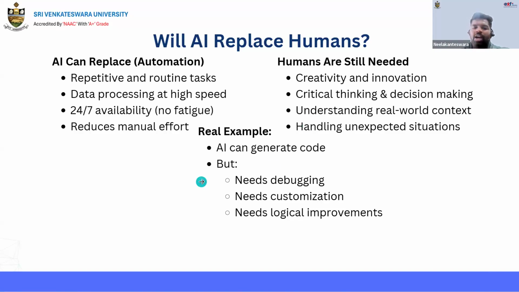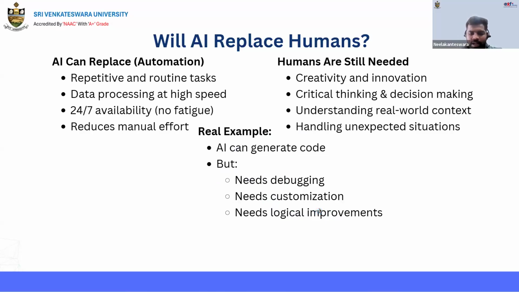Give me 2 minutes. If you take a real example, AI can generate the code, but it needs debugging, it needs customization, it needs logical improvements. That's what we saw in the previous example, when we were giving the task to ChatGPT. That means here it does not completely replace humans, but still we need human intelligence.